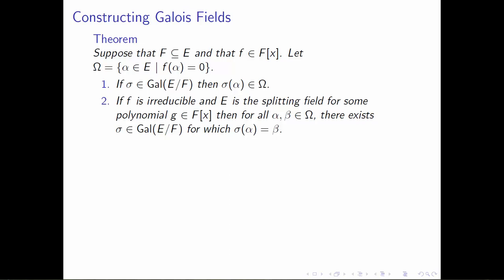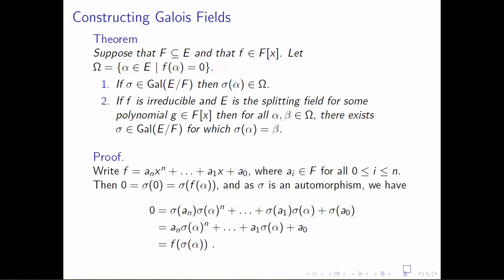It's telling us that the Galois group is large enough that amongst all the different elements of omega, alpha and beta, I can guarantee that there will be a member of the Galois group carrying one to the other, so long as the polynomial is irreducible. So that's giving us a lot of freedom in how we're going to move these roots of this polynomial around. So this is kind of a weight and a counterweight, if you will. The Galois group can't be too large, but it also isn't that small.